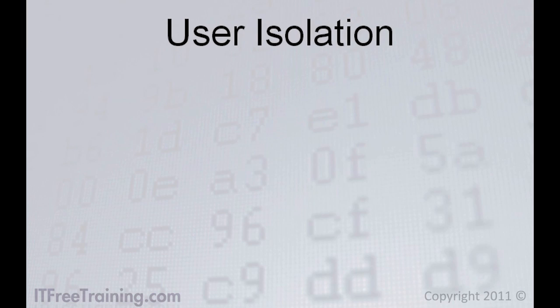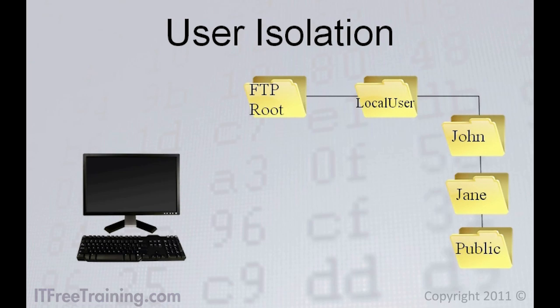User isolation allows you to provide each user with their own home directory when they connect up to FTP. For example, if the local user John was to connect up to the FTP server, his root directory would be the user folder John. If the user Jane connects up to FTP, her root directory would be her folder Jane. If you enable it, you can completely isolate the user when they connect.